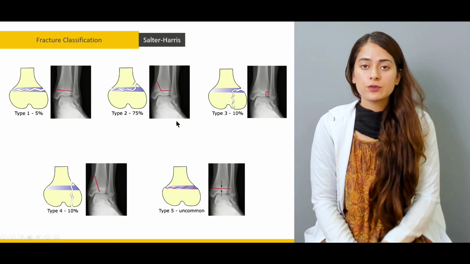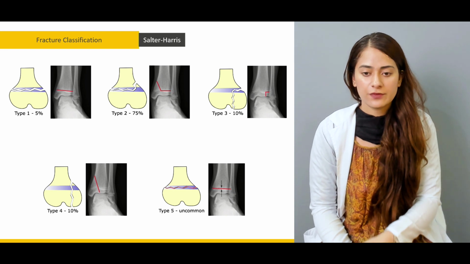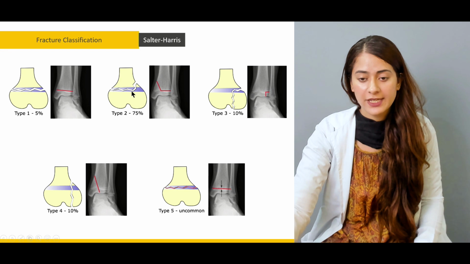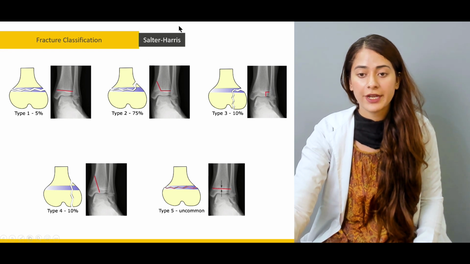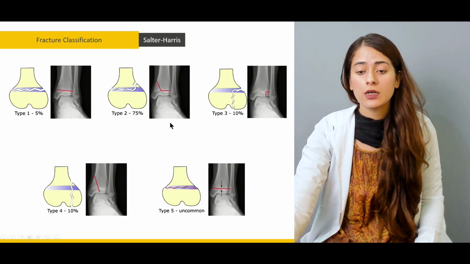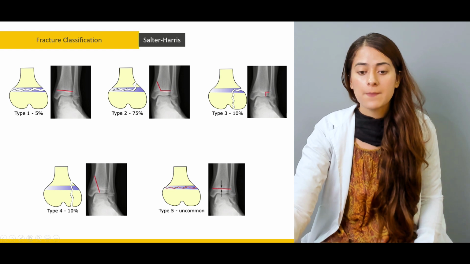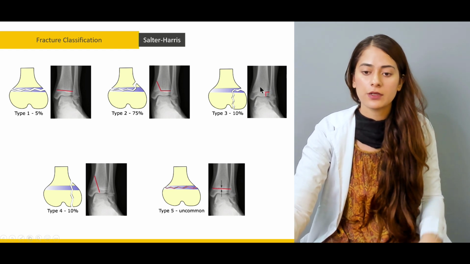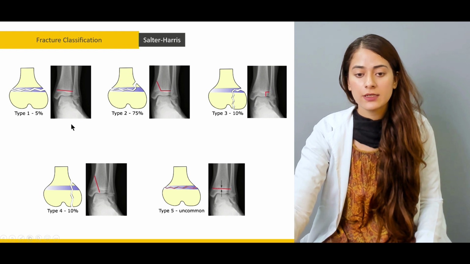So now let's move towards the incidence of these fractures. Type 2 is the most common, at 75% of all these Salter-Harris fractures, or the physeal fractures. Then we have type 4 and type 3, with equivalent chances of 10% each.